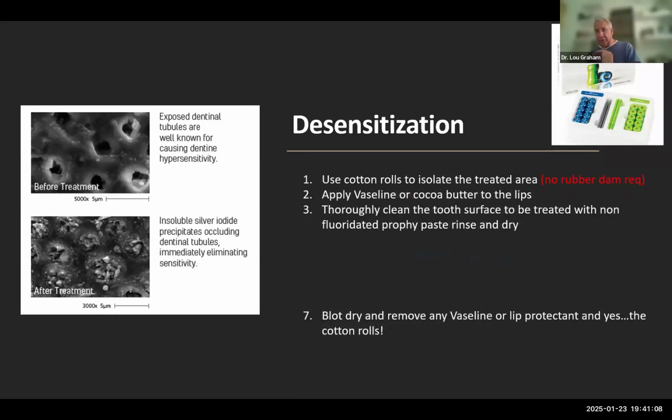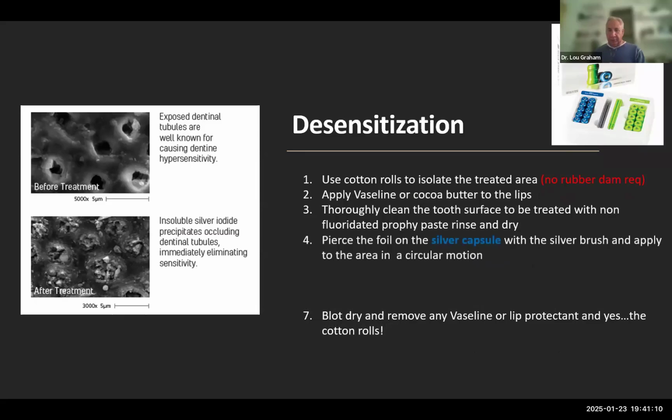If you want to use Rivastar Aqua in the unidose, which is what I prefer to do, but that's up to you, you puncture the silver capsule, and I usually tap it on a table before I puncture it. There's a silver brush.